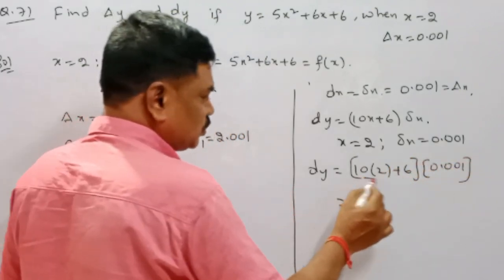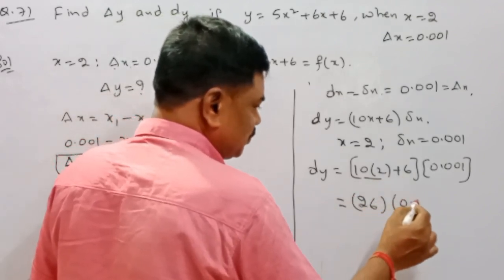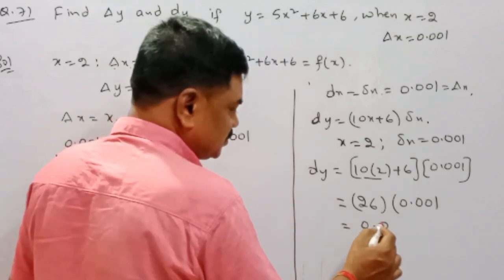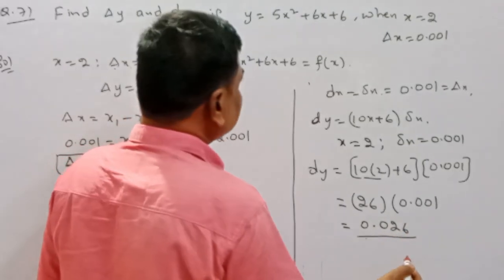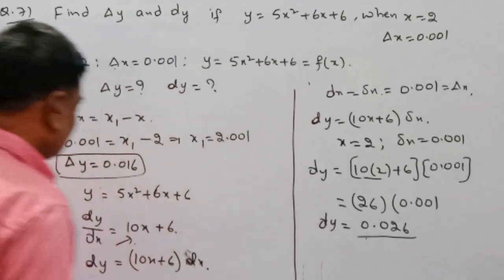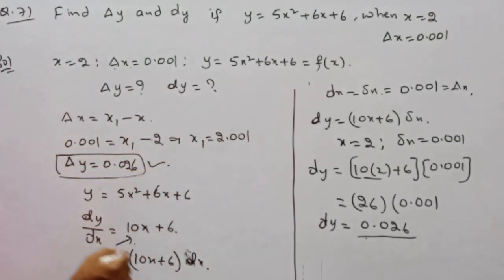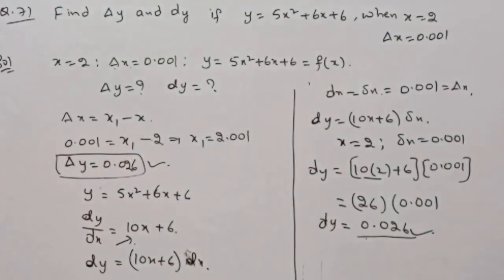This is 20 plus 6, 26, into 0.001, which is equal to 0.026. This is the dy, and here delta y is also approximately 0.026. Okay, all of you. That's all. Thank you.